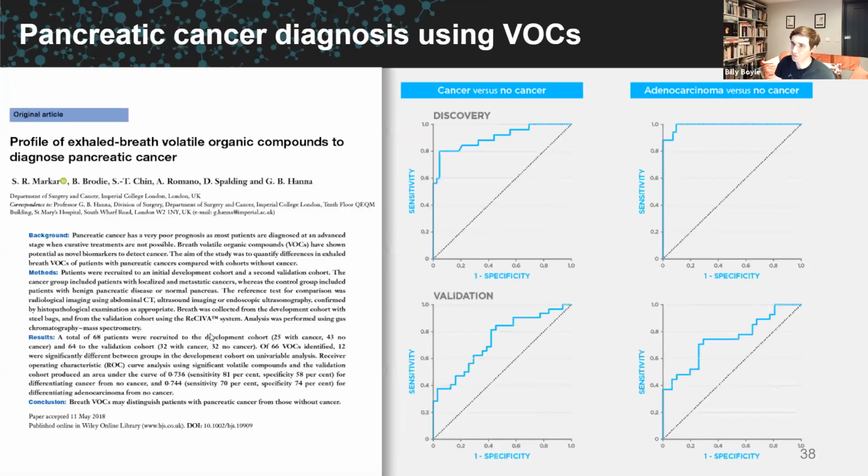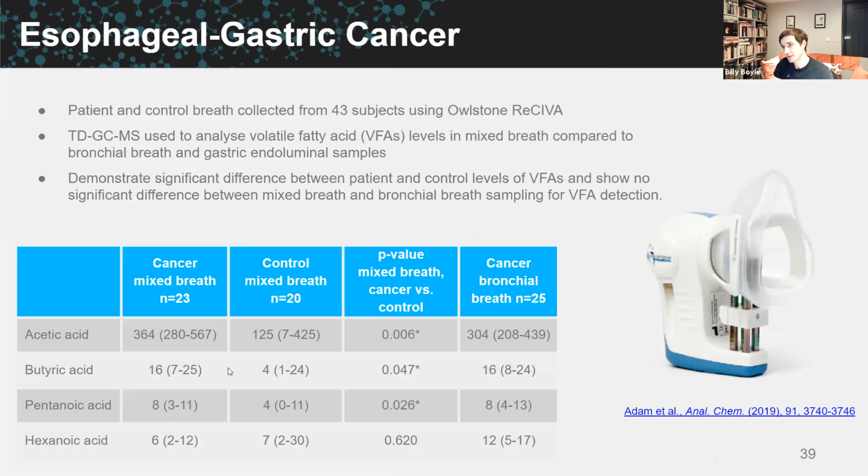And there's some really wonderful examples of this. One of our fantastic academic partners down at Imperial has published papers looking at volatile biomarkers in breath in patients that have pancreatic cancer. They've also done exciting work using the technology in esophageal cancer as well.